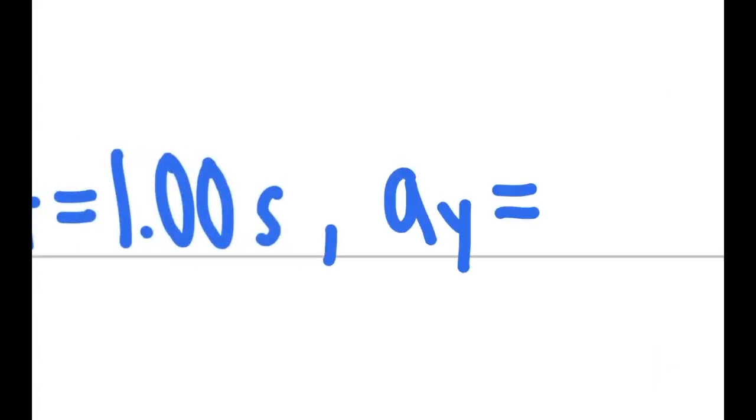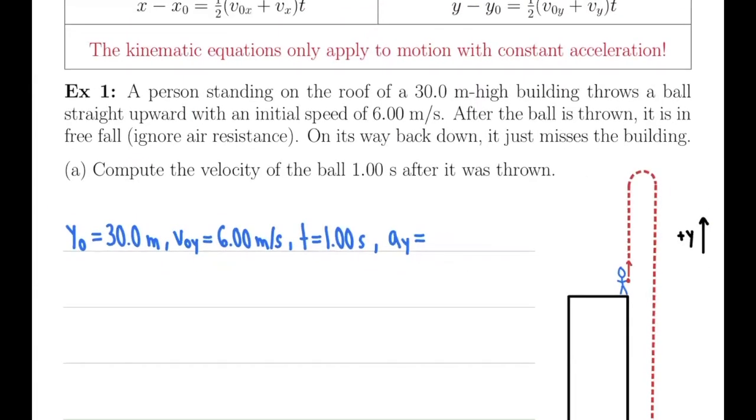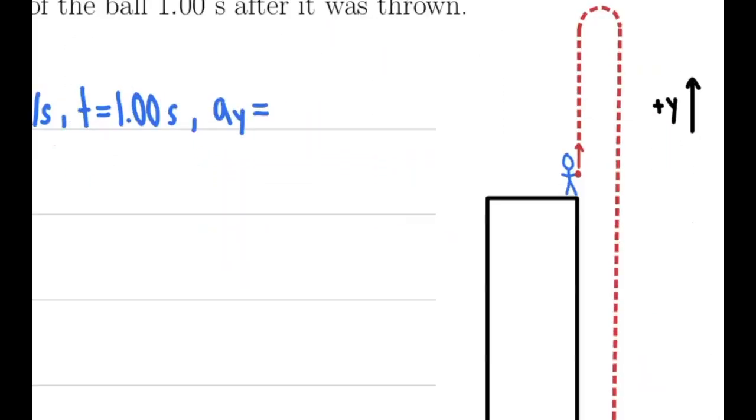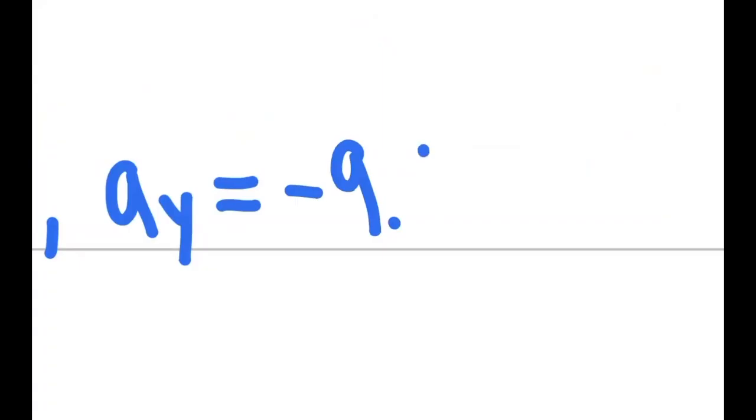Well done. So the problem says free fall. After the ball is thrown, it is in free fall. That means that the acceleration is due to gravity, which is a constant. Near Earth's surface, the acceleration due to gravity is 9.81 meters per second squared. Since the acceleration is downward, we're going to say acceleration is negative g, so negative 9.81 meters per second squared.